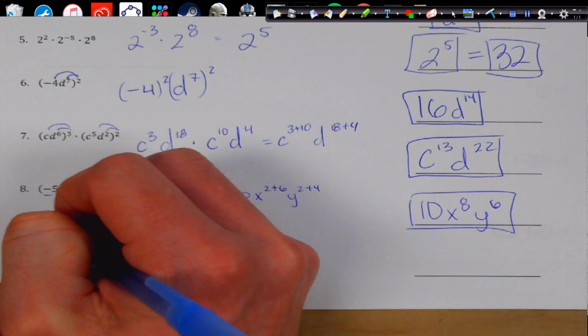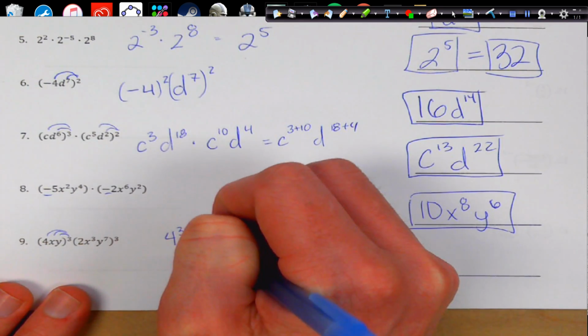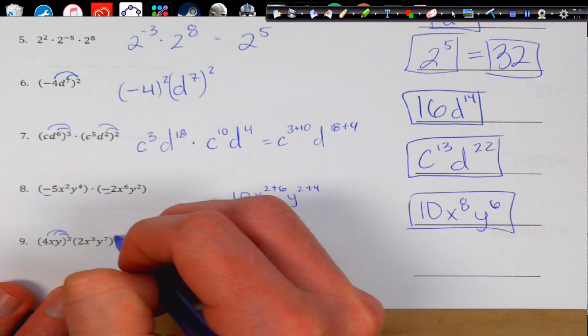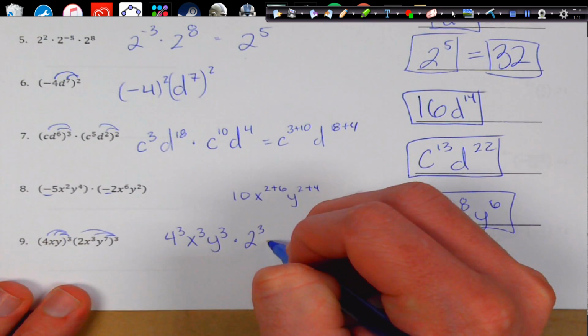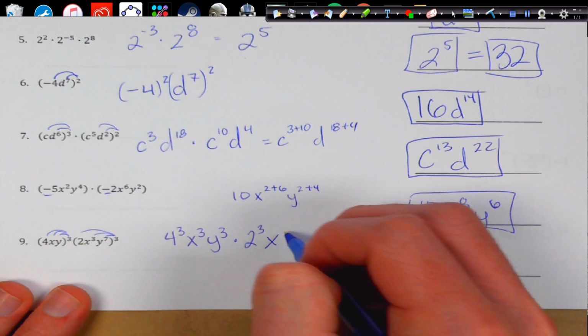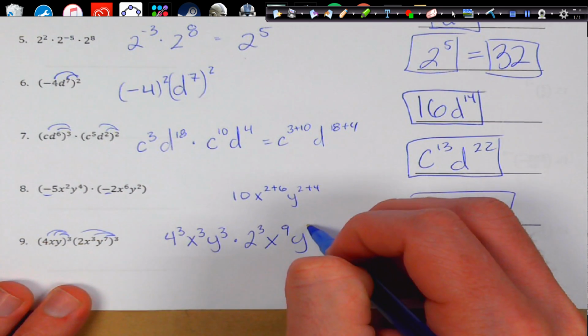First we have to distribute. This is going to be 4 to the 3rd power, x to the 3rd power, y to the 3rd power. And that's going to be times, distribute the exponent, 2 to the 3rd power, x, 3 times 3 is 9, and y, 3 times 7 is 21.